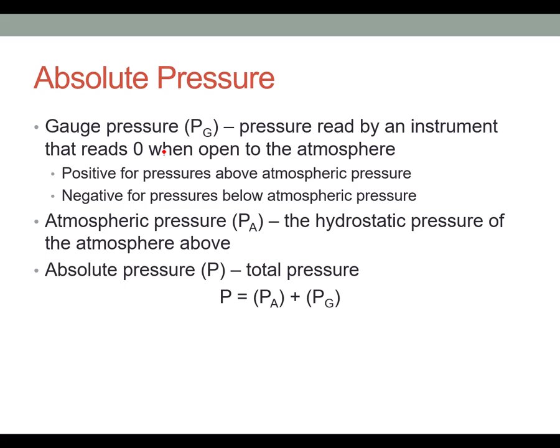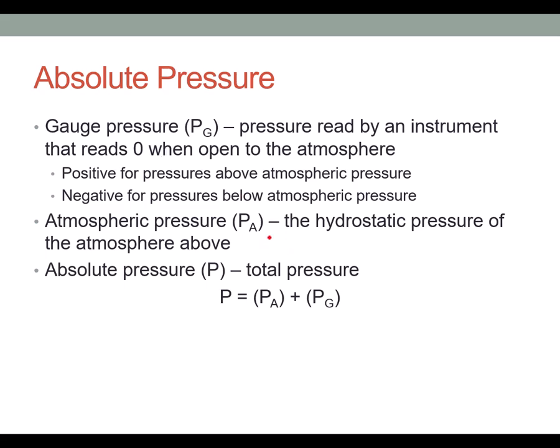This gauge pressure will be positive if our pressure is above atmospheric pressure, and it will be negative for pressures below atmospheric pressure. Tire gauges typically don't read negative because we don't typically pull a vacuum on a tire. Just saying, right? Okay, atmospheric pressure is the hydrostatic pressure of the atmosphere above you.